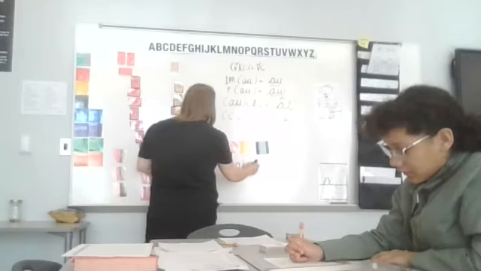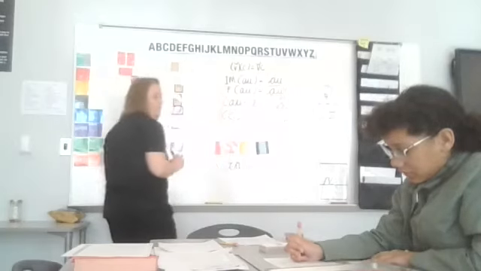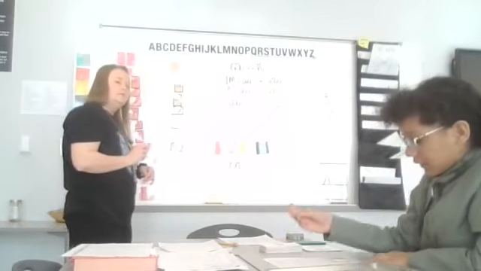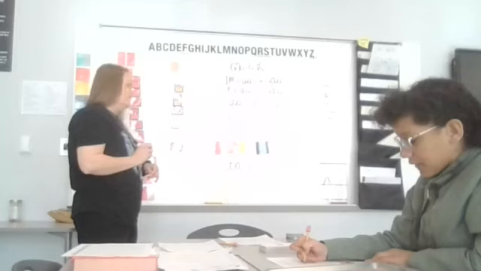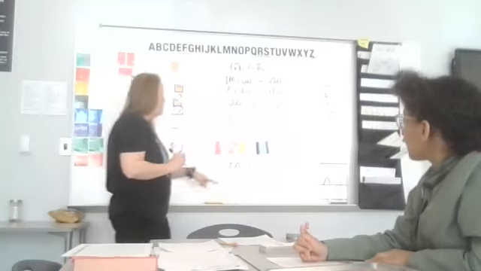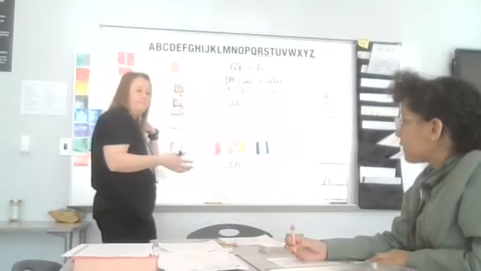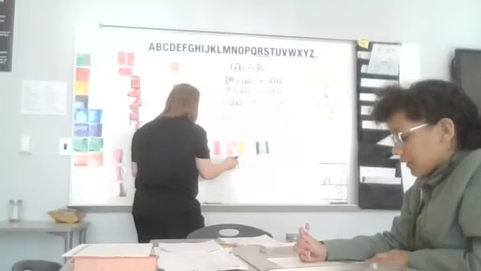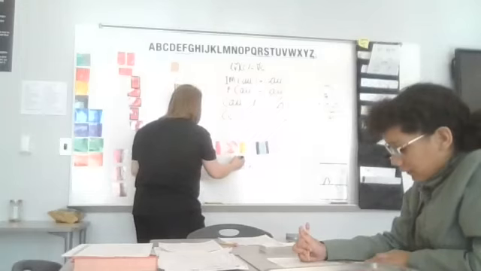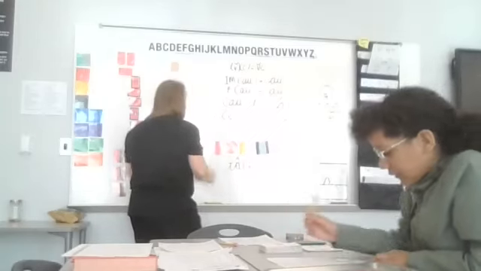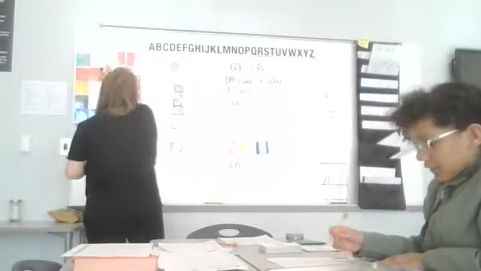T-A-L-K. Okay, and how do we code this? You put your A with the circumflex, because we code our vowels, right? So what are you coding with the circumflex? The A, A before L. And what was that word? Talk.